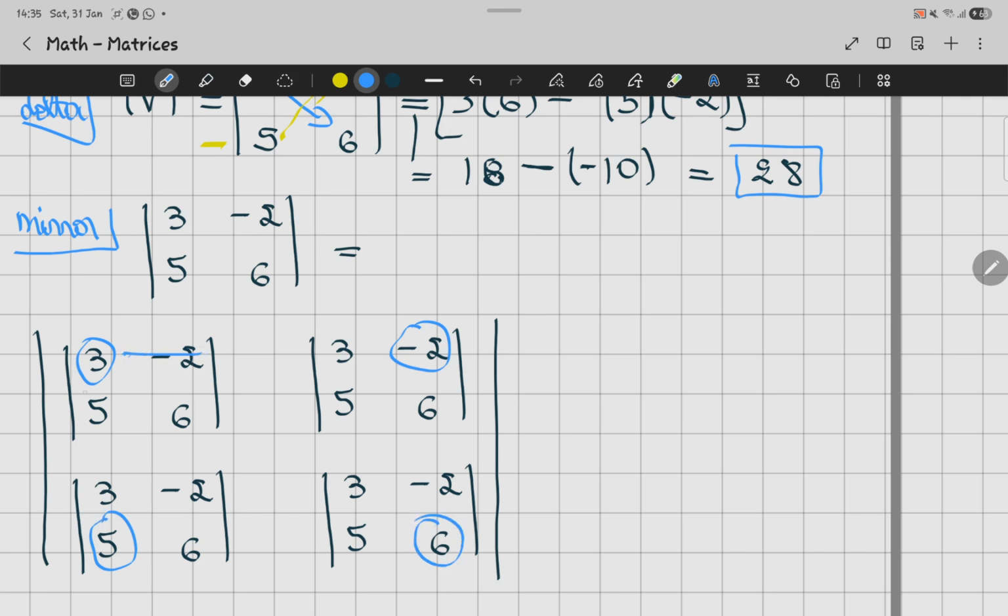So we're going just to remove, as you can see, straight, vertically, and horizontally.